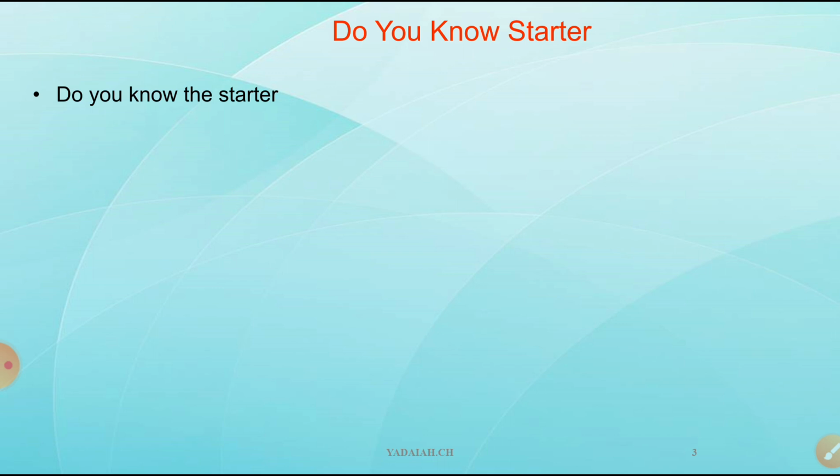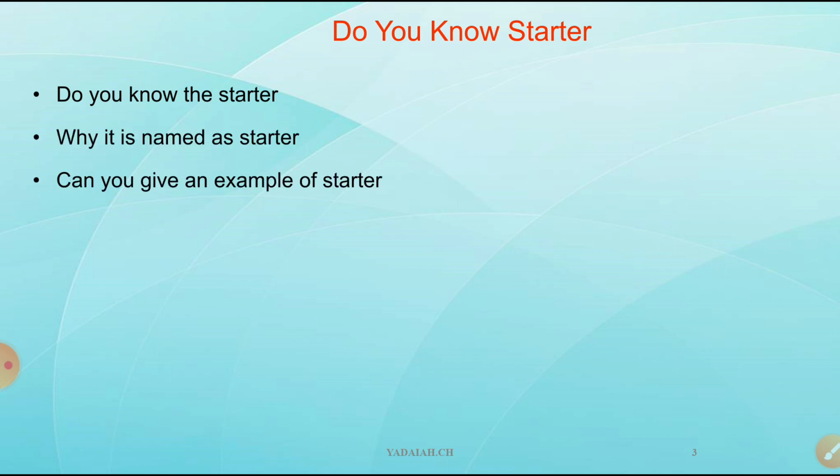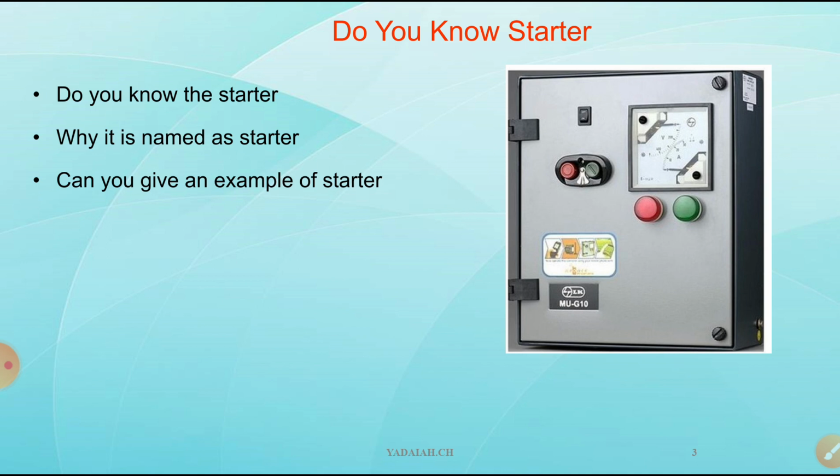Why a starter is required, we have already discussed. Now you can see one starter here. Can you give an example of a starter? This type of starter we can observe in our domestic applications, where we use municipality water from sump to overhead tank.